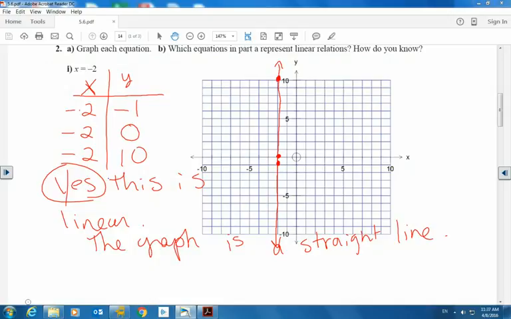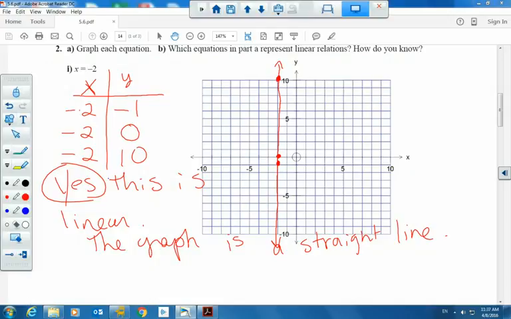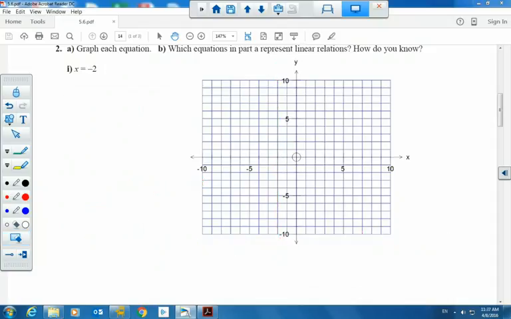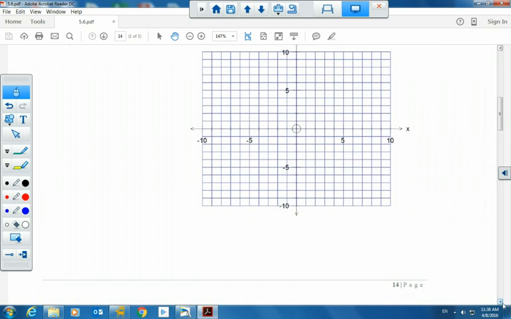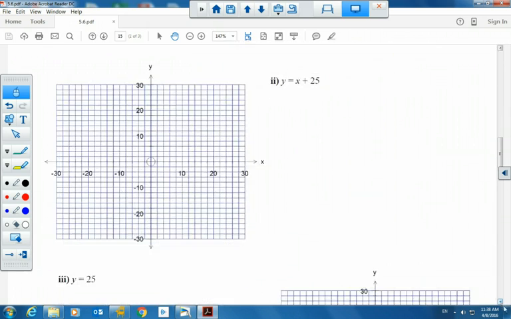The next one says y equals x plus 25. All right.